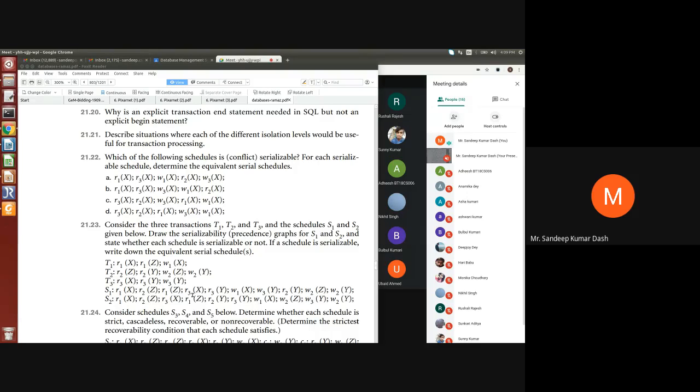Now there is another way of serializability, called view serializability, that we'll see in the next class. Then we'll go to the locking concept. After this locking concept is finished, almost all the major components of the subject are complete. So take time and read these things from the beginning.